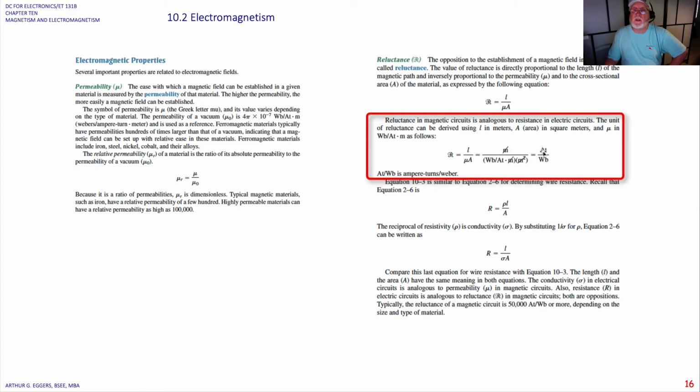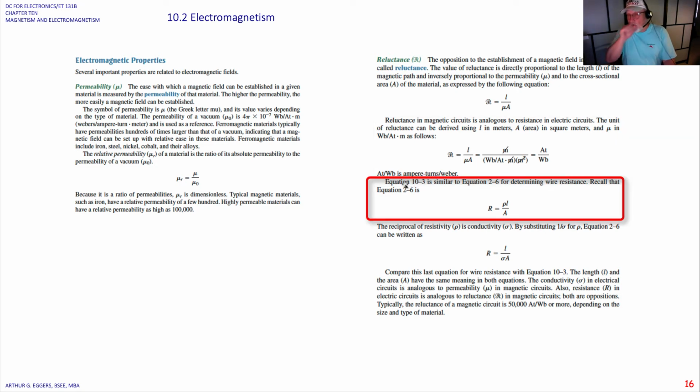When we start moving things around, the ampere turns divided by Webers. Even I get confused sometimes. So AT is the ampere turn divided by a Weber for our measure. Sorry about that.